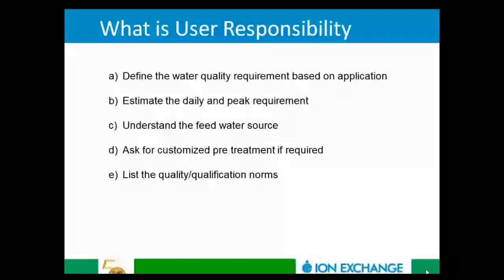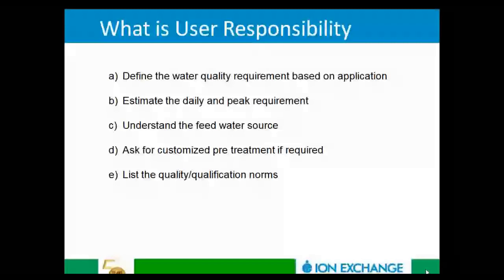And the feed water quality is determined by the source of the water. Why the source is important: say, for example, if you have water being collected from a pond, this water can have a high amount of biological contaminant because this is stagnant water.